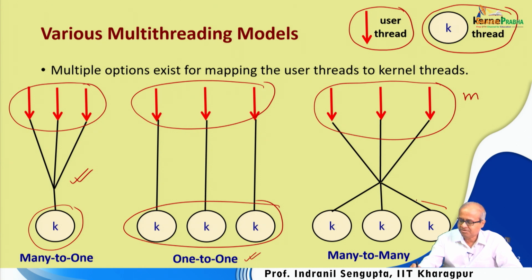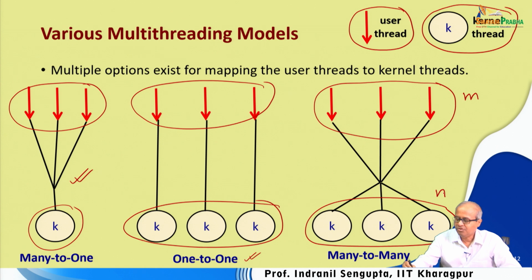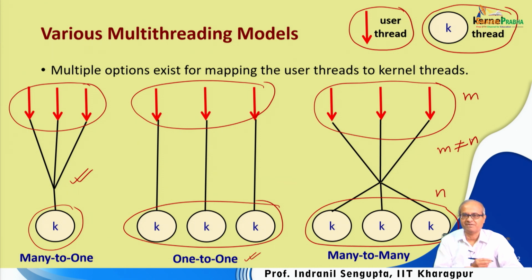On the other side you have the kernel level threads, let us say n in number, where in general m and n are not equal. Typically m would be greater than n. For a system with many processes running, m will be greater than n.